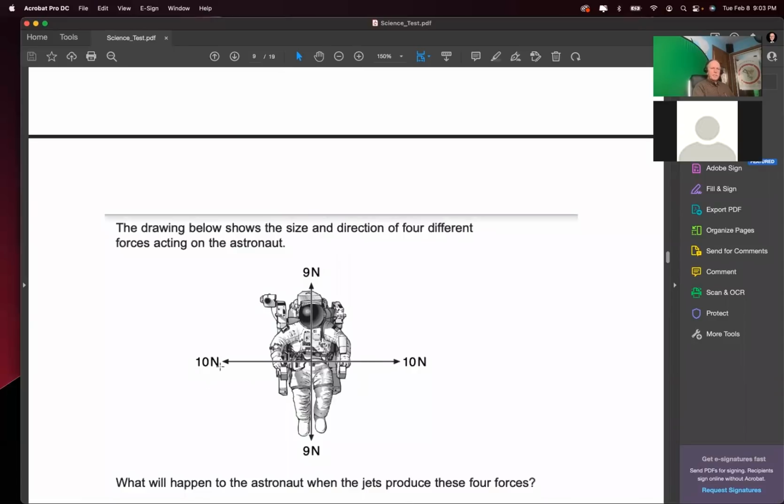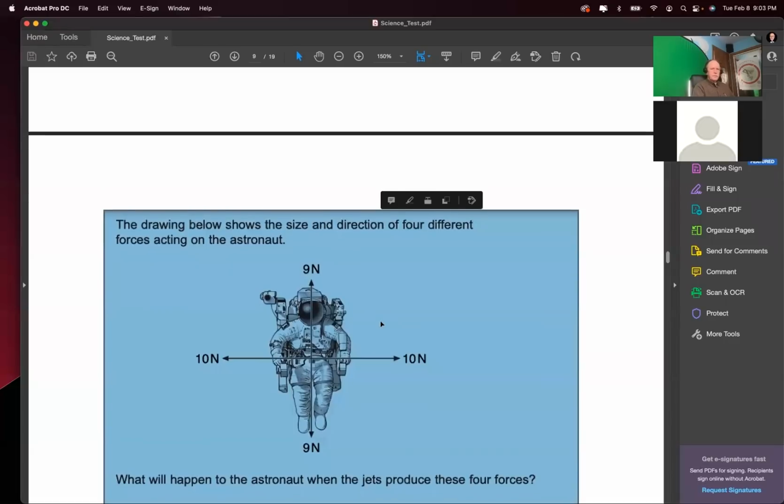So in this case, at point D and point B, which is the astronaut's right and left, the jets are 10 newtons. At point A and C, which is the top and the bottom, it's 9 newtons.